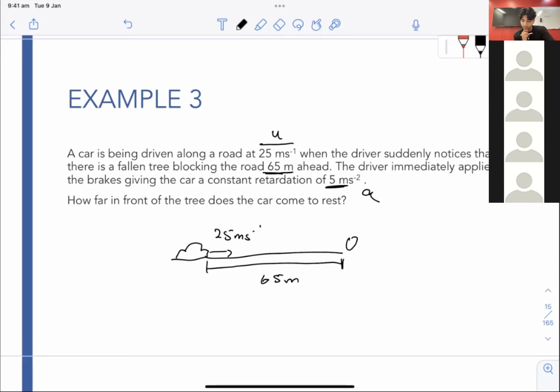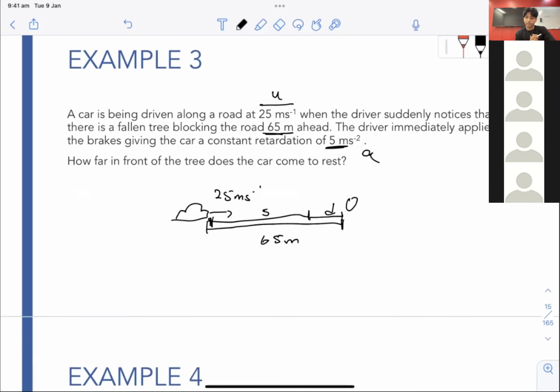So what we're really finding first is how far the car travels to stop, which we'll call S. And then the final answer is going to be D. So we're being asked for how far in front of the tree does the car come to rest. That's neither 65 nor S. It's going to be this small value D here.